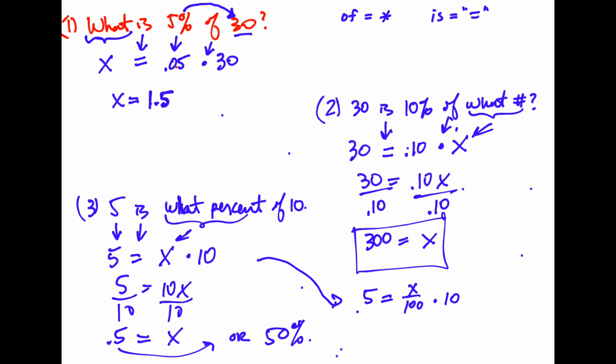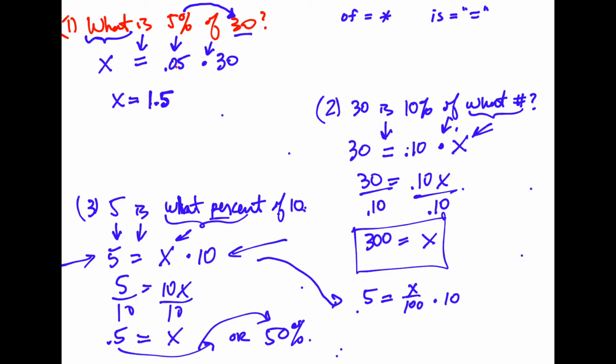But this is a little more complicated to do it this way. So when you do a translation, if it's the percent you're after, you have to convert it at the end into a percent. And then think of the logic of it, right? Is 5 half or 50% of 10? Yeah, of course it is. So you can always feed it back into the problem to make sure it's reasonable.